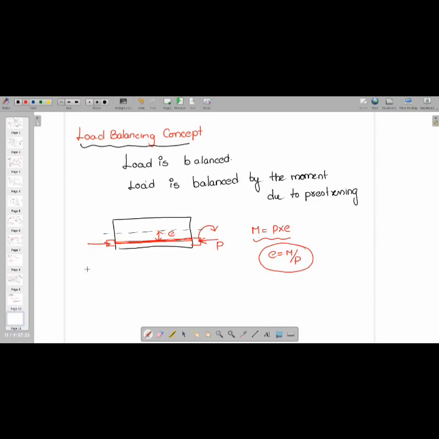Suppose they tell you the tendon is parabolic. In the case of a parabolic tendon, if I consider a simply supported beam with a UDL loading, the bending moment will be parabolic, and the bending moment at center will be equal to WL square by 8.